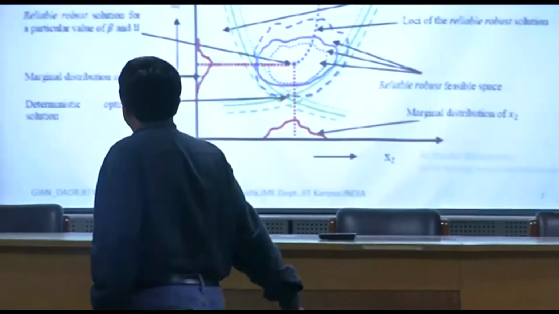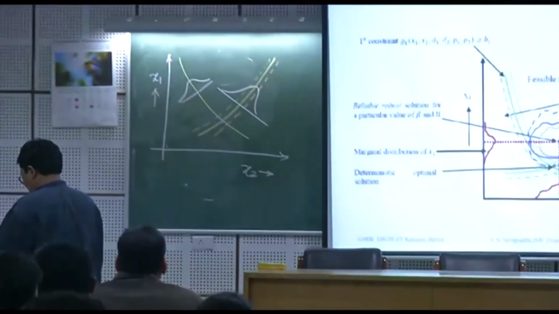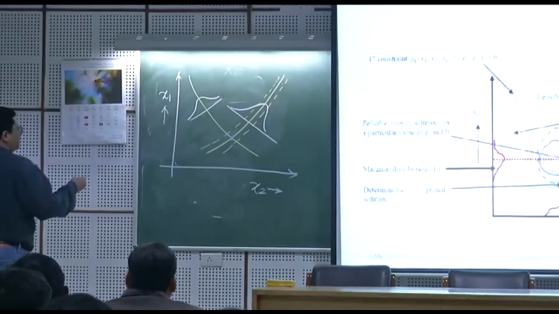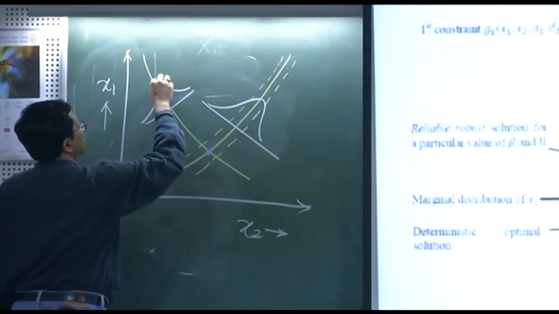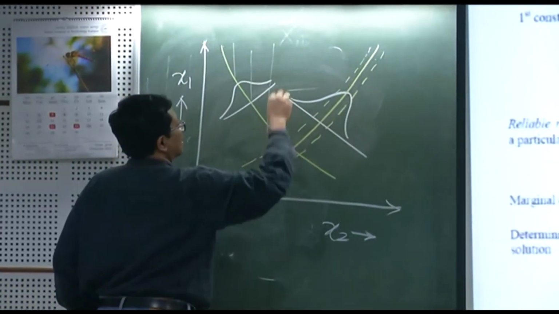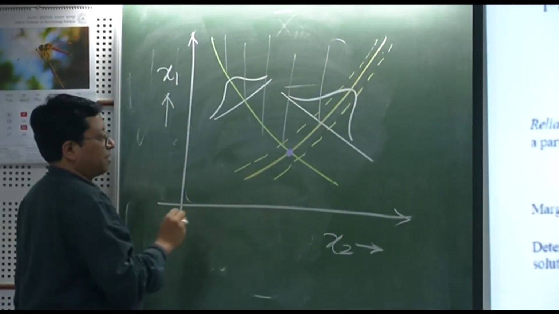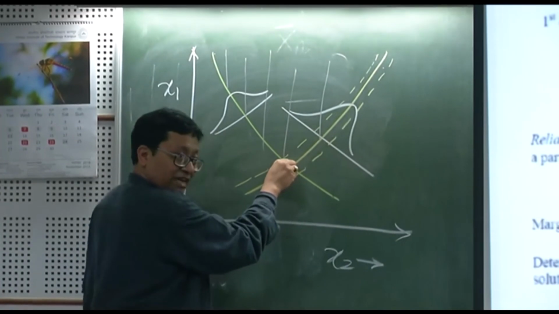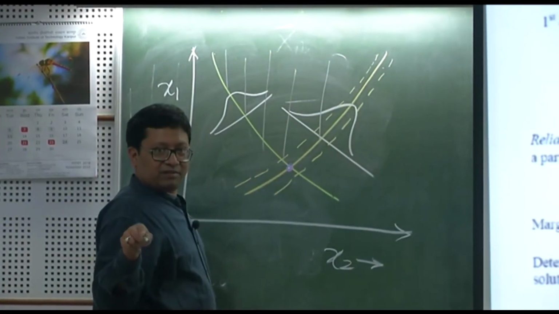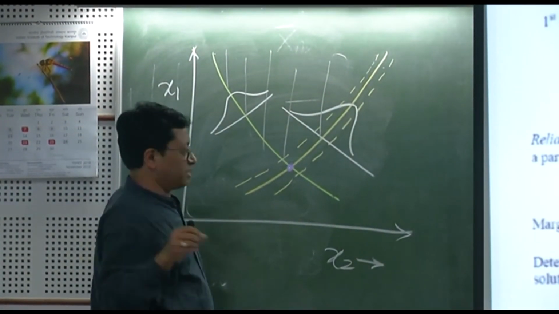So consider this area inside is feasible. Obviously they are all feasible points. These are infeasible points. So actually this is the best solution if it is deterministic.